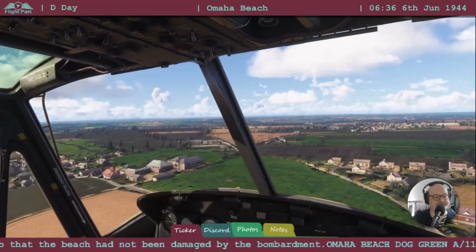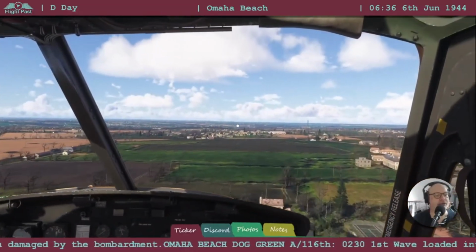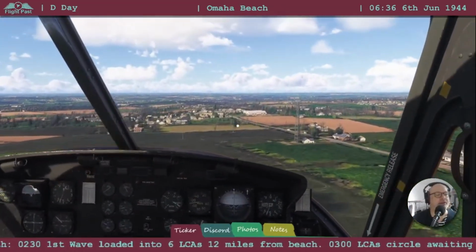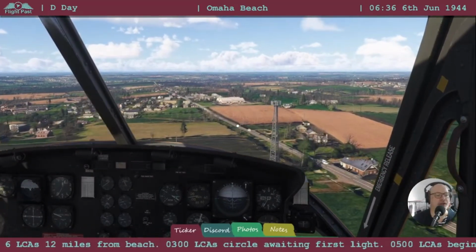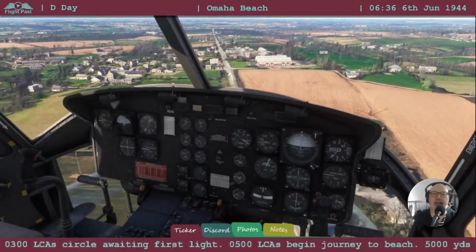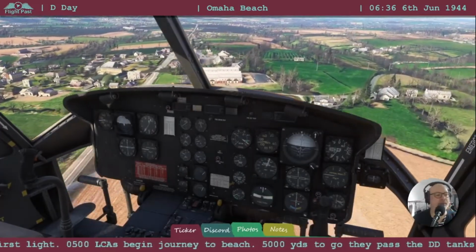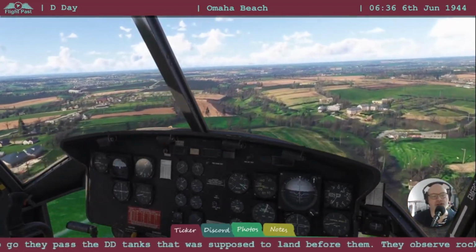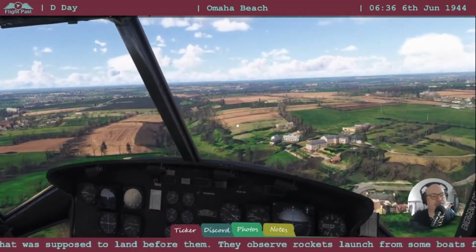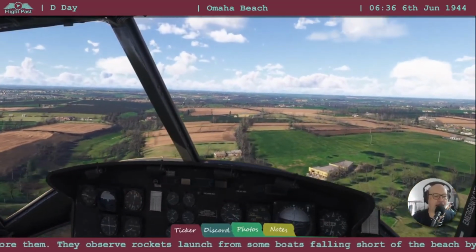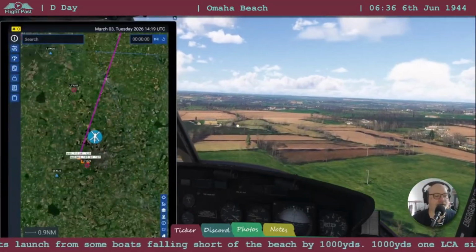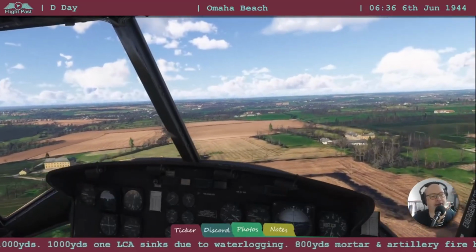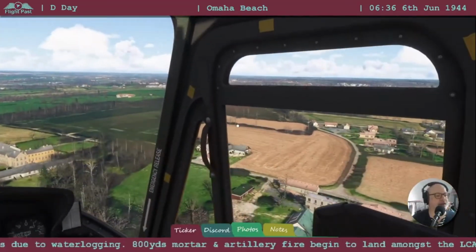So it allows us to do things we couldn't do in real life, like flying a Huey low level over sites of interest. The imagery is so good that you can see bomb craters and the remains of trench systems. It gives us a unique perspective on the battlefield and allows us to really see the terrain, how they would have seen it and how it influenced decisions made on the day.